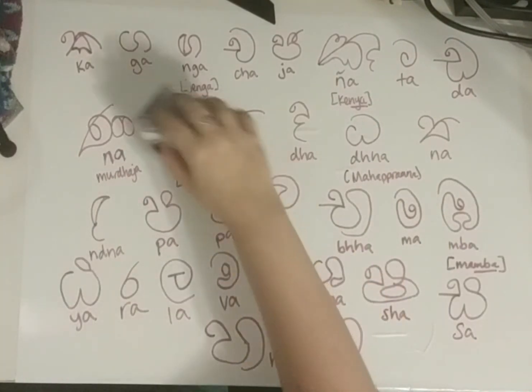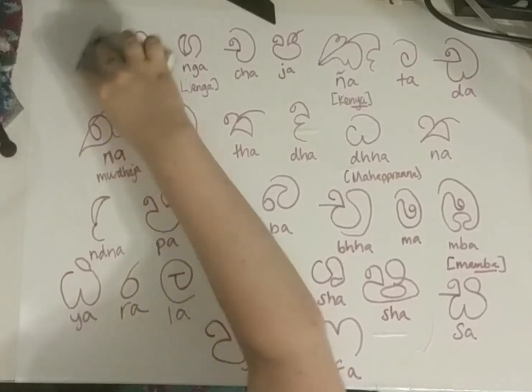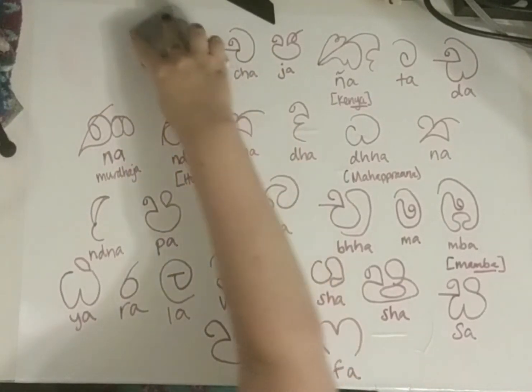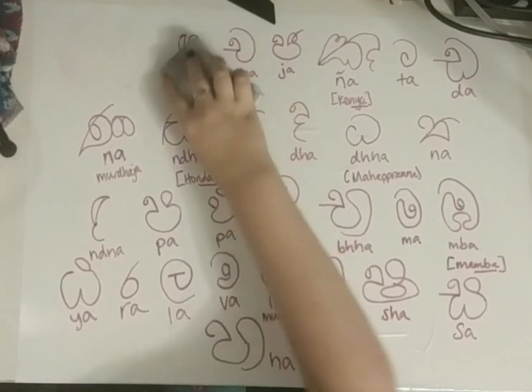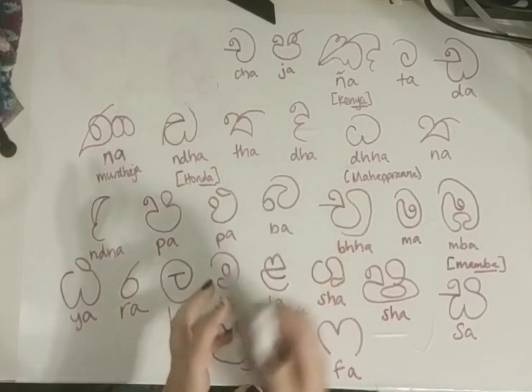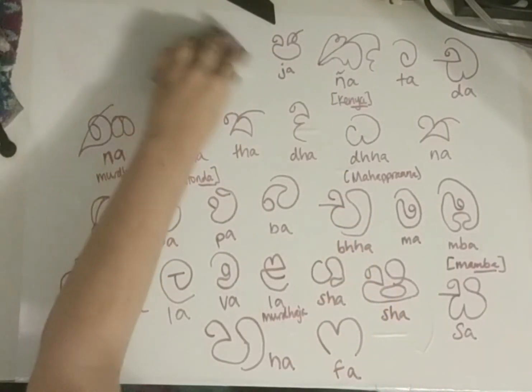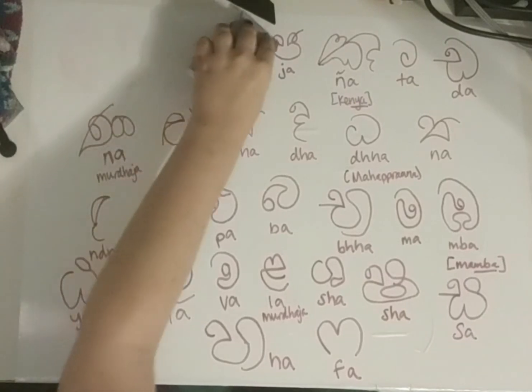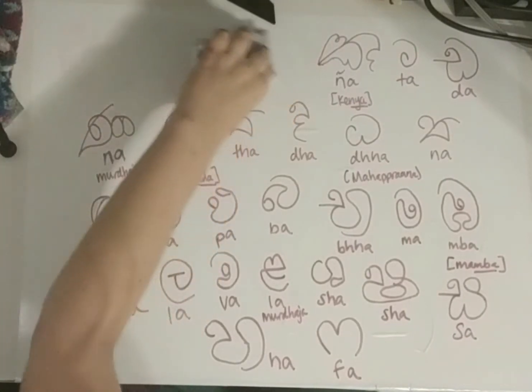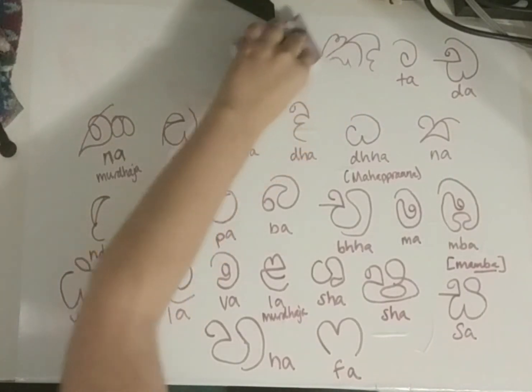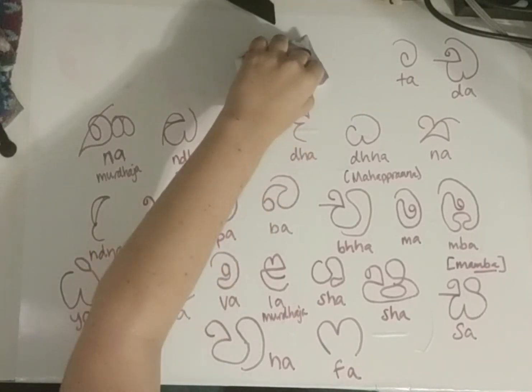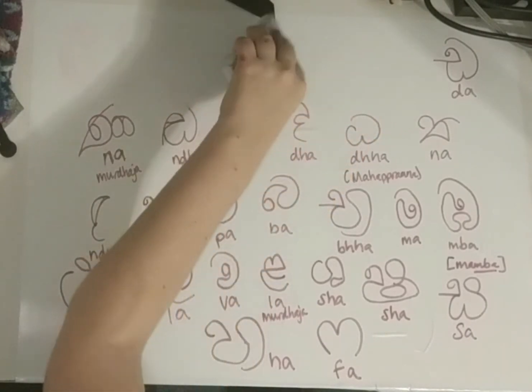let's erase each one. We have my terrible ka, ga, cha, ja. That was a good job, Drew. Nya, ta, da.